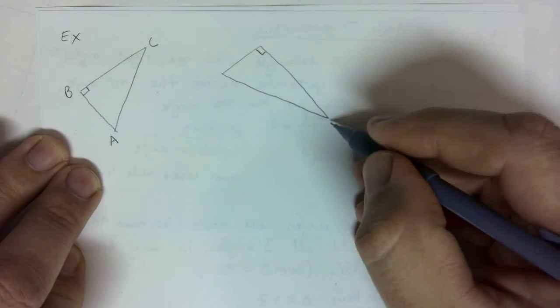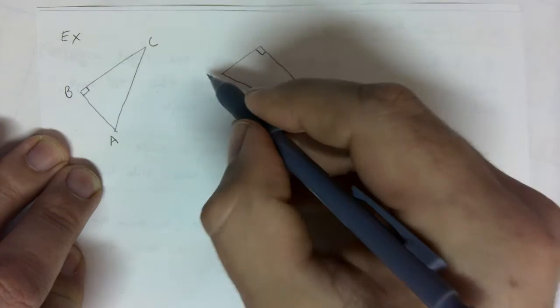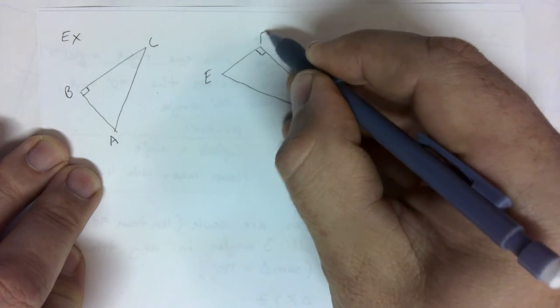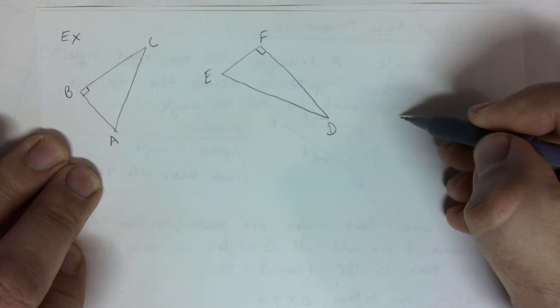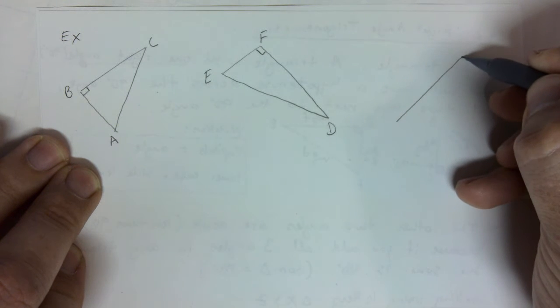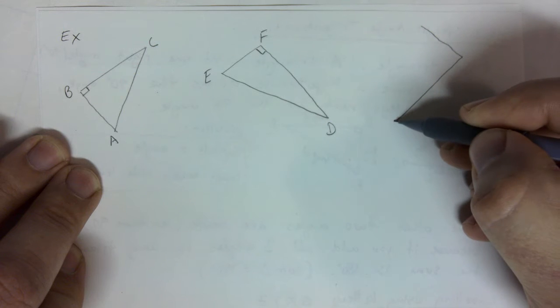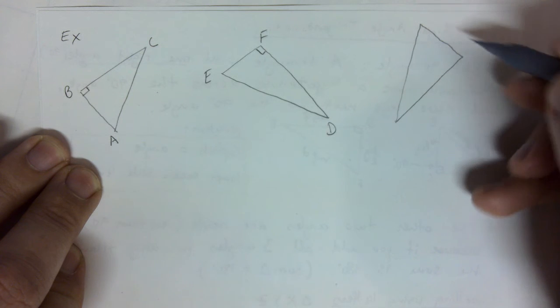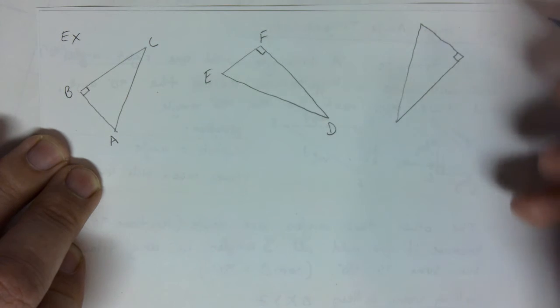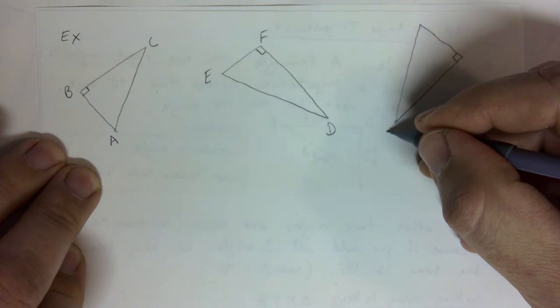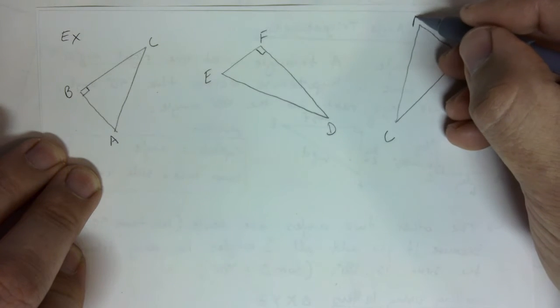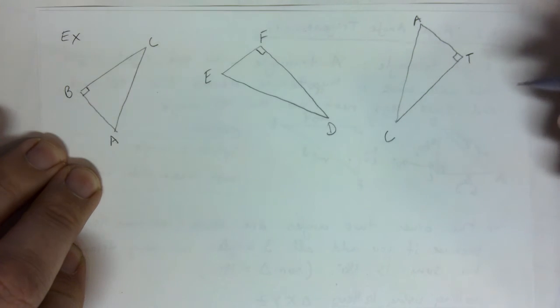Okay. D, E, F. And we'll do one more, like that. And we'll call that triangle CAT. There you go.